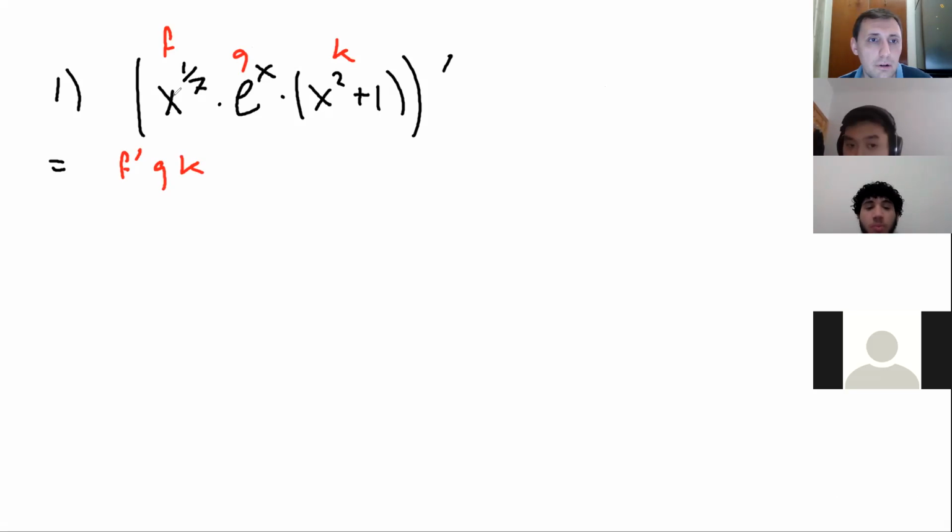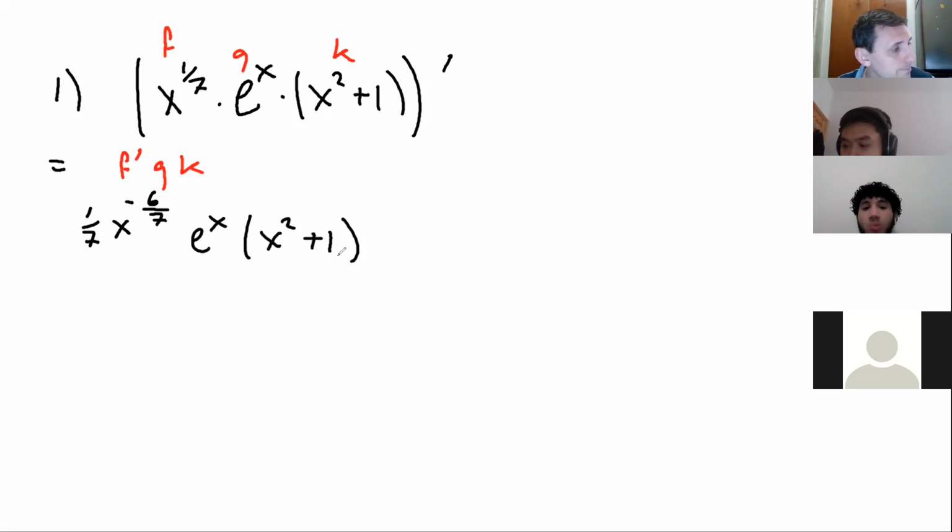F prime, the derivative of x to the 1/7, is 1/7 x to the power of minus 6/7, because 1/7 minus 1 is minus 6/7. Do you agree? Then you write e to the x times x squared plus 1.